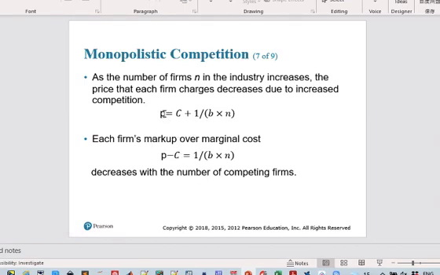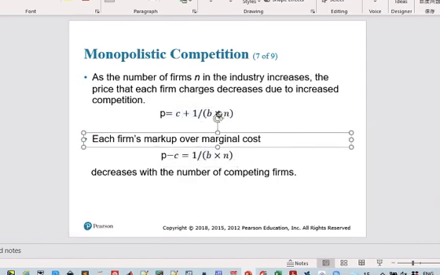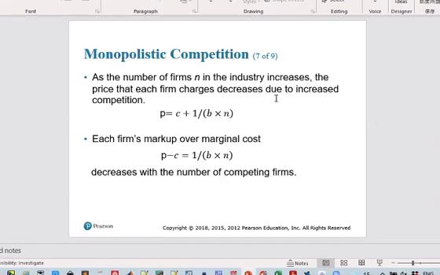So p is the price charged by the firm, and we have marginal cost here, and then we have 1 over B, and B, if you remember, is the responsiveness of demand when the price changes. How responsive is the quantity demanded to the change in the price?